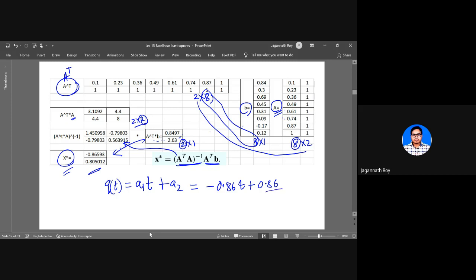So this is our least square solution for this problem.